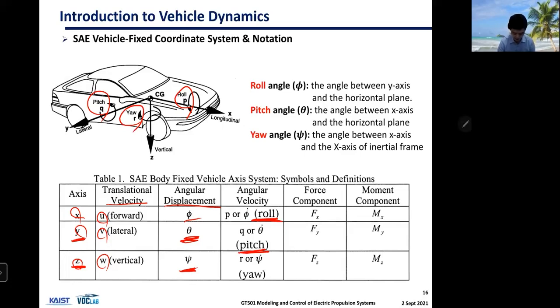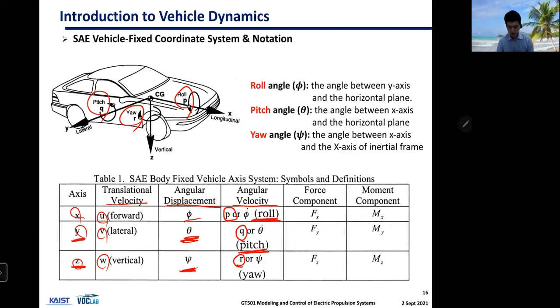And we also need to define angular velocity variables. So we often use phi dot or p, and q for theta dot, and r for psi dot.